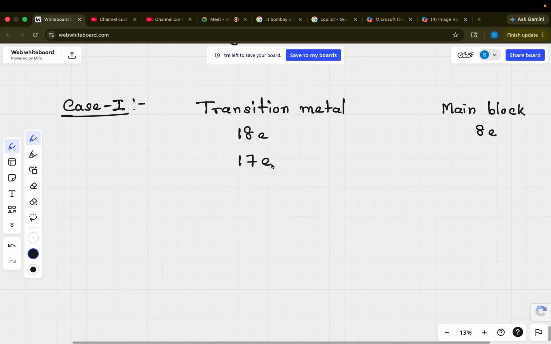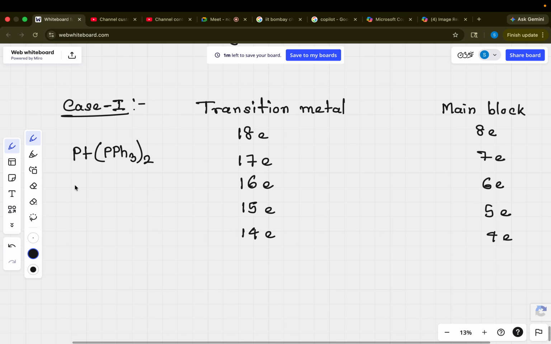If you have 17 electrons, it will be 7 electrons. In transition metal, if you have 16 electrons, in main block you have 6 electrons. If you have 15 electrons, in main block you will have 5 electrons. If you have 14 electrons, it will be 4 electrons, like that. For example, we have done, suppose you have Pt(PPh3)2.